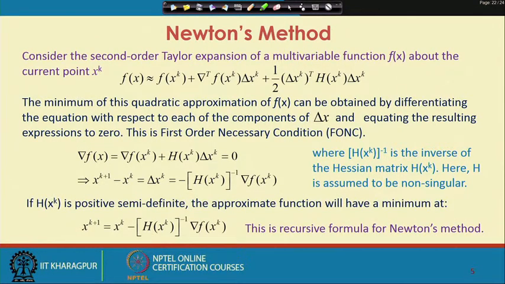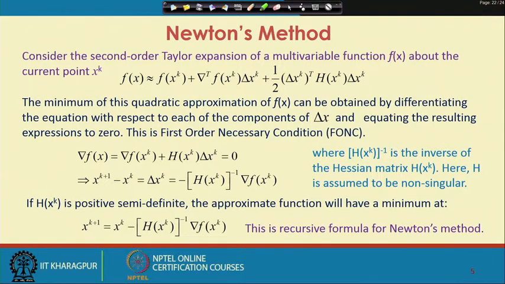So, if the Hessian evaluated at x k is positive semi definite, the approximate function will have a minimum at x k plus 1 equal to x k minus H inverse into gradient.